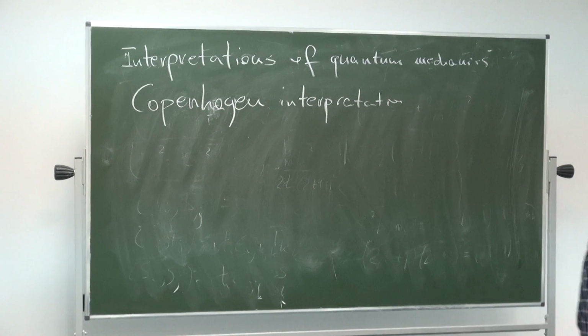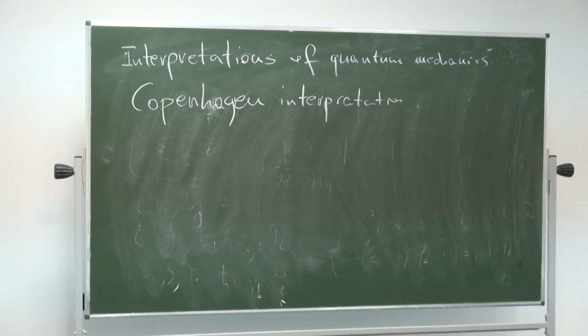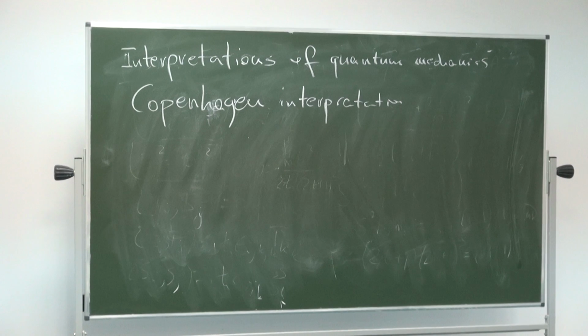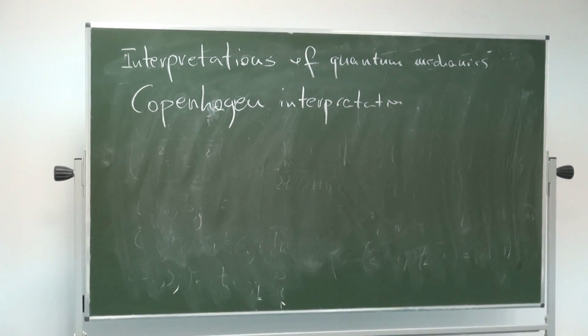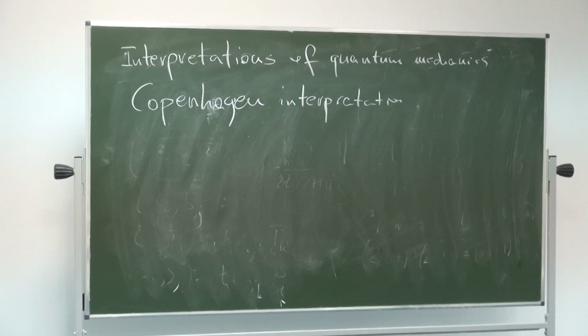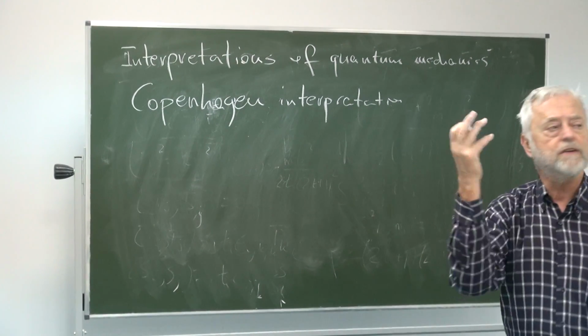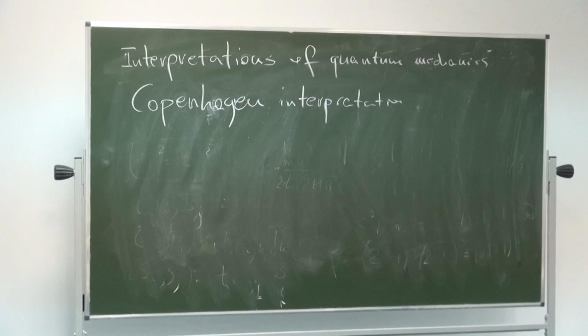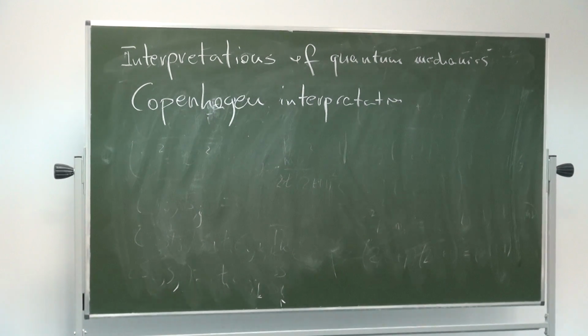And usually people associate two names with this interpretation. That of Heisenberg and that of Niels Bohr. If you scan the literature, you can find out that at times they agreed, at times they did disagree.